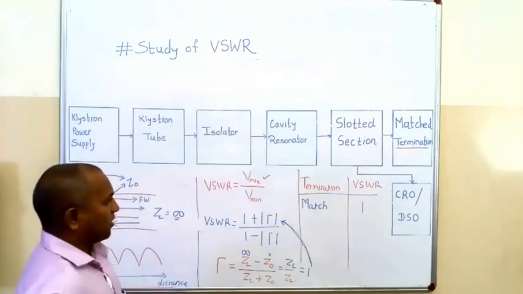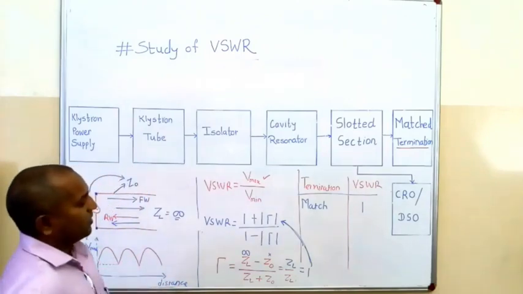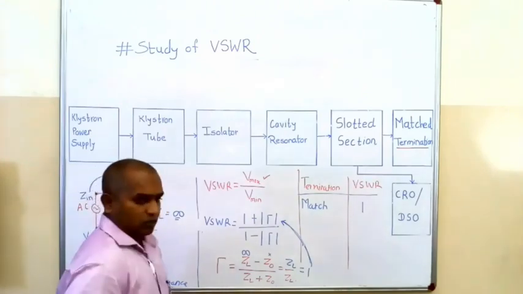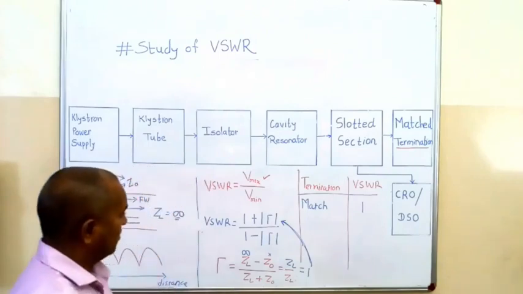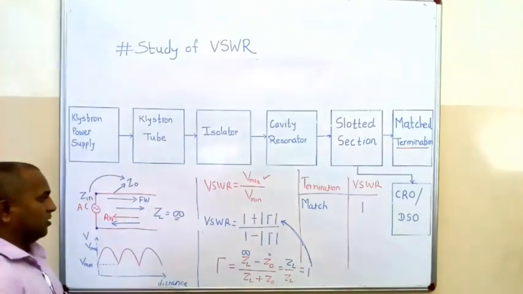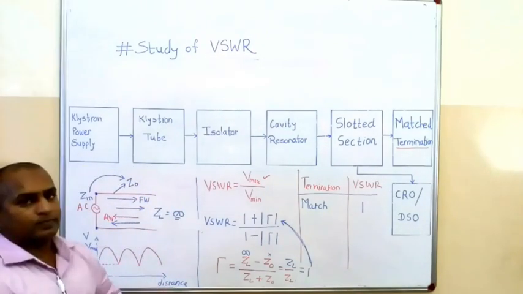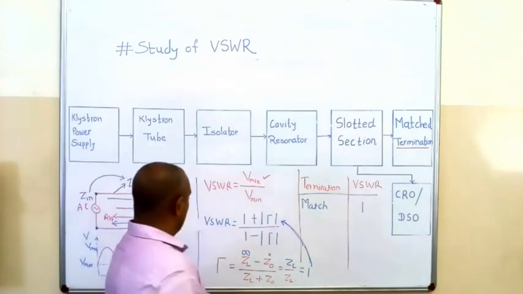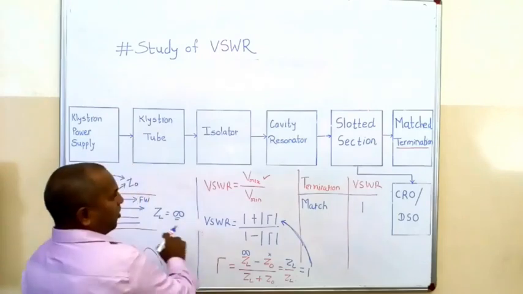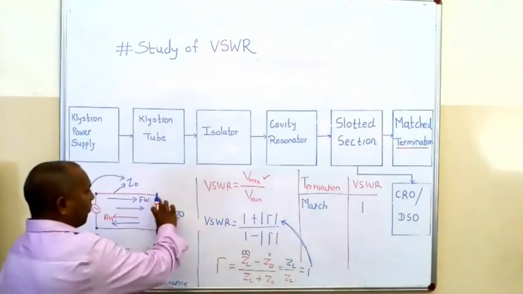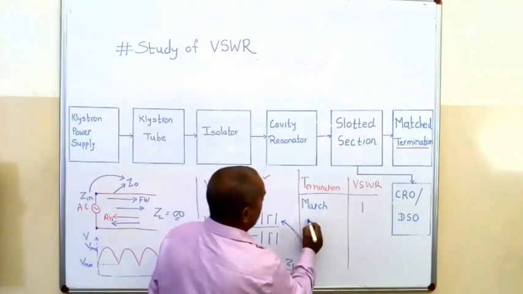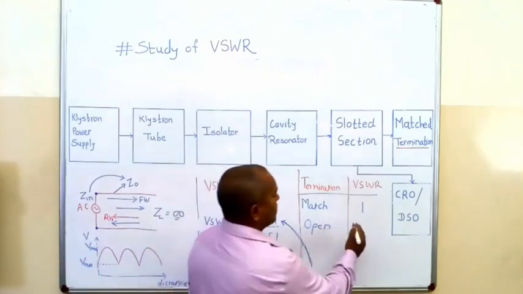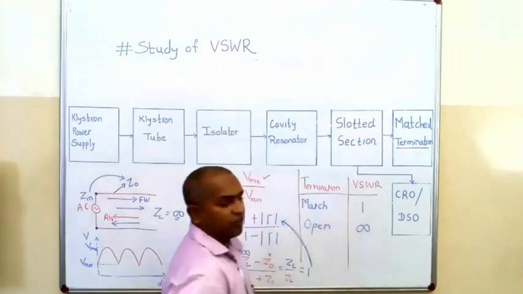So VSWR for an open termination, the ideal case, is infinity.